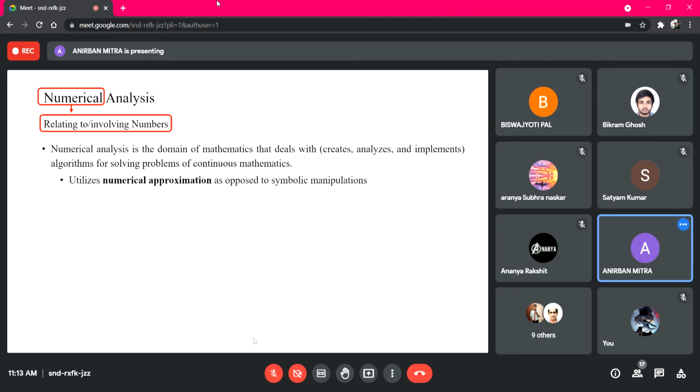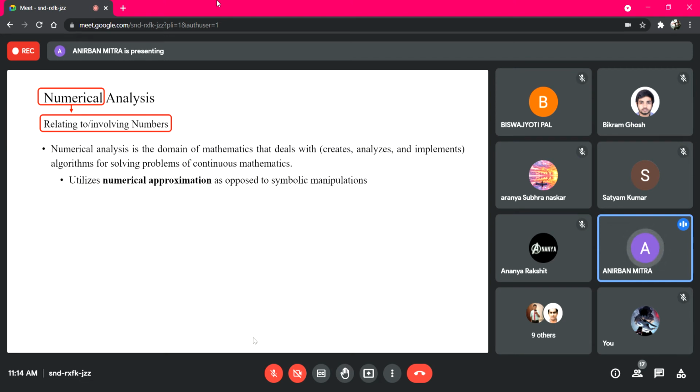So here, two important things are to be noted. One is that we prefer arithmetic operations instead of symbolic manipulations. What do we mean by symbolic manipulations? We do symbolic manipulations in algebra, or we do it in calculus.